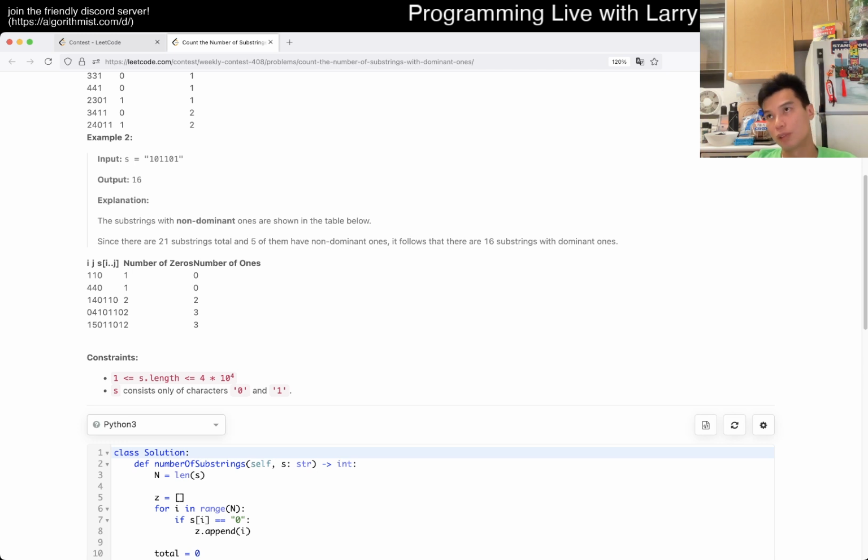So then now we have 2 of them in the middle. Then now you just count the number of 1s, 2 1s.